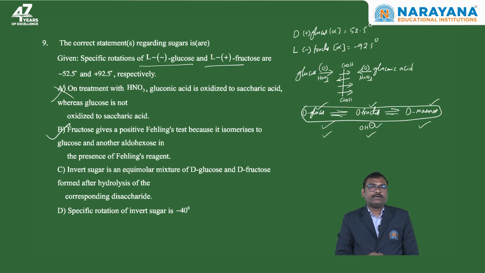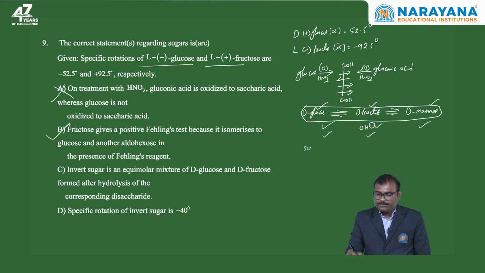Now, invert sugar is an equimolar mixture of D-glucose and D-fructose formed after hydrolysis of the corresponding disaccharide. Yes. What is the corresponding disaccharide? Sucrose. Sucrose is dextrorotatory. Upon hydrolysis, it gives glucose and fructose in a 1:1 ratio.